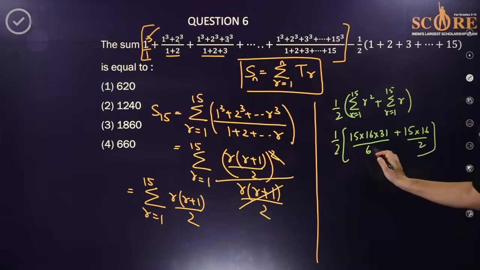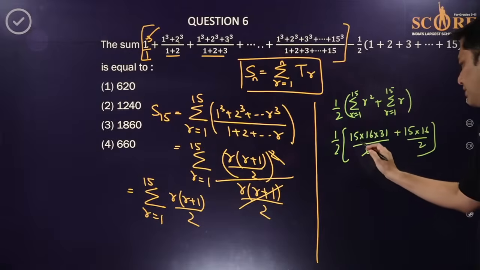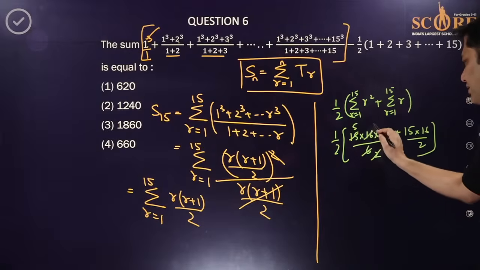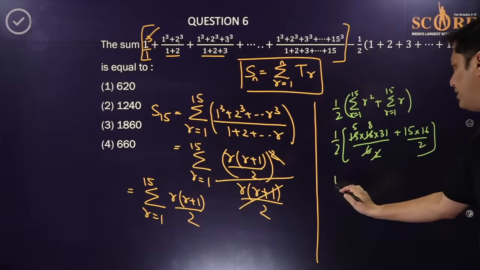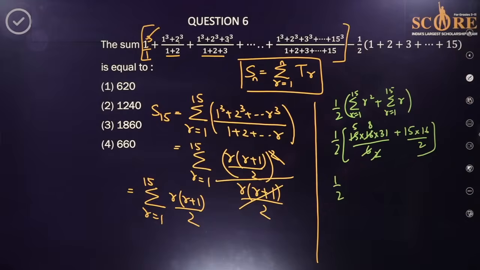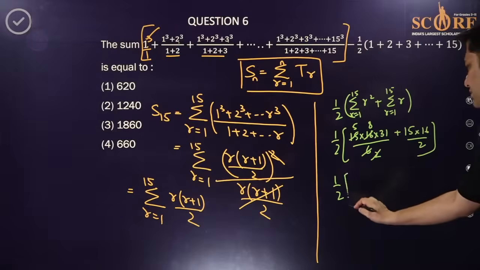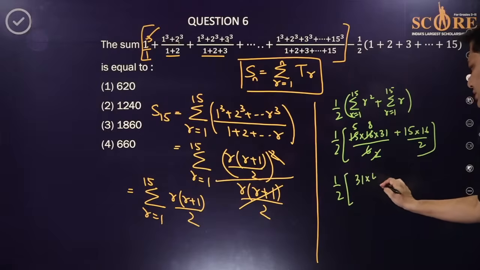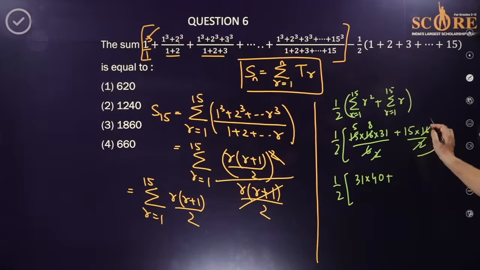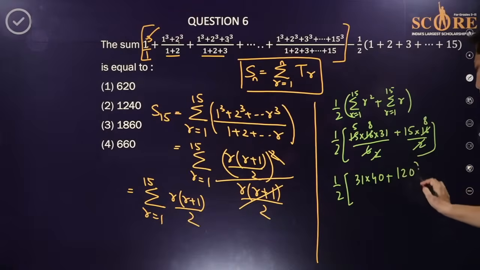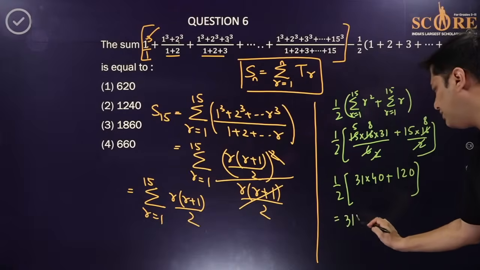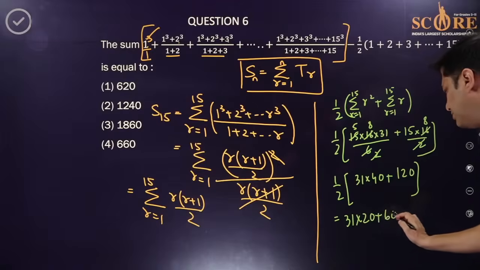Okay. So this is 3 into 5. This will be 8. So 1/2 times this will be 31 into 40 plus 120. So the answer is 31 into 20 plus 60.